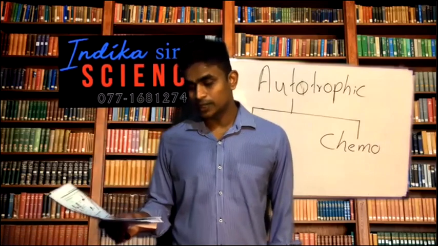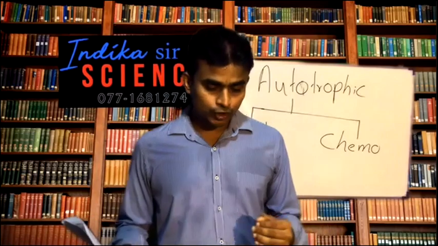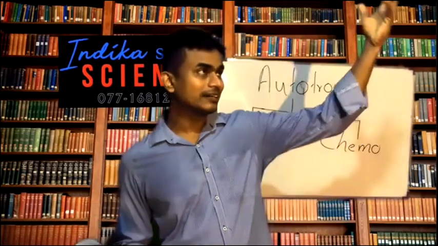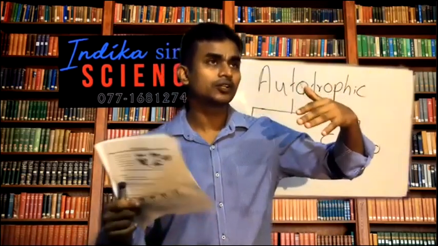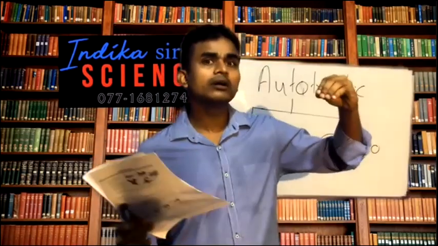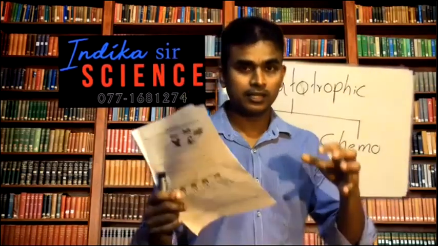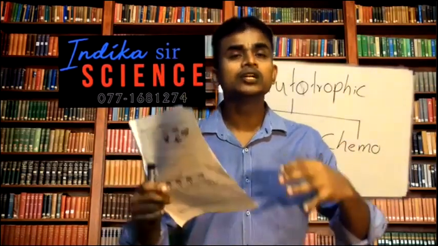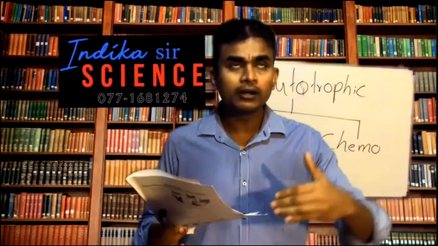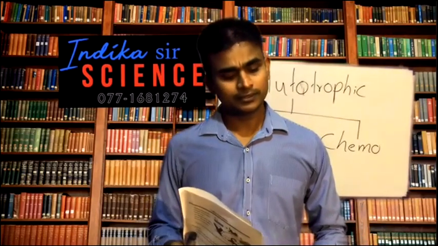So photoautotrophism means, as I told you, in order to produce food, it needs energy. Autotrophism means the production of food by themselves. In order to produce food by themselves, if the energy is obtained from light, it's photoautotrophism.